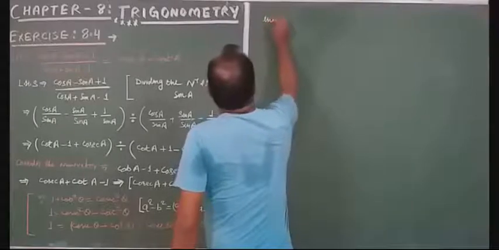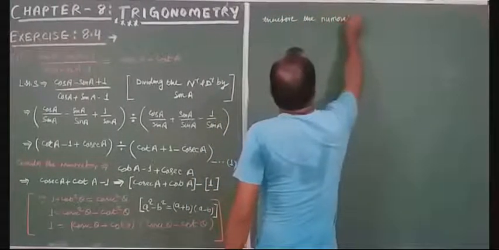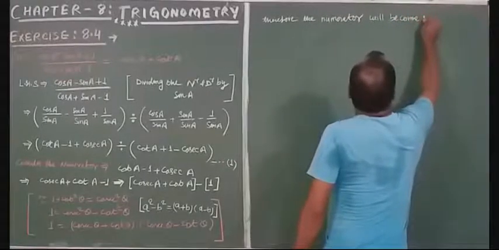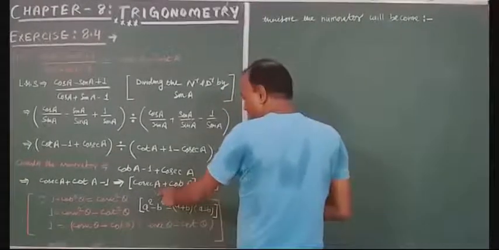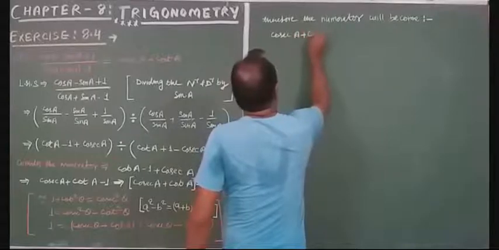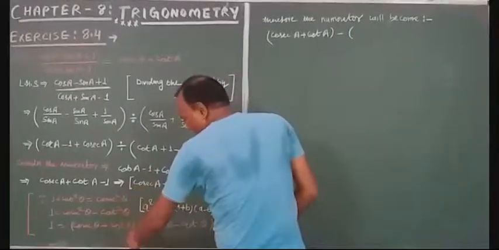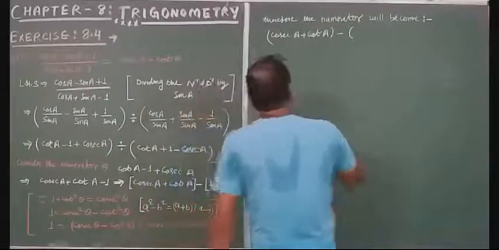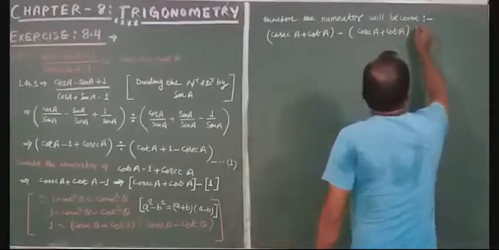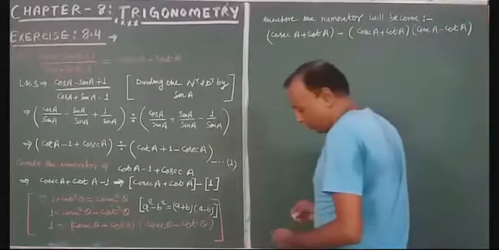Therefore the numerator will become cosec A plus cot A, and in place of 1 we write cosec A minus cot A in another bracket. Now look at both the brackets.